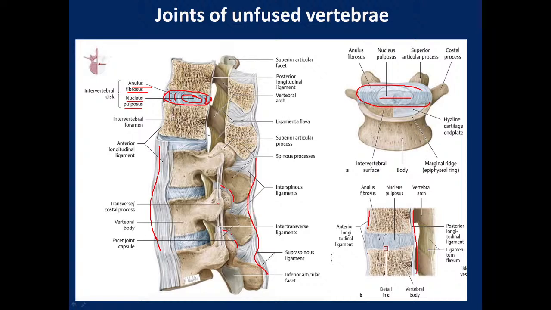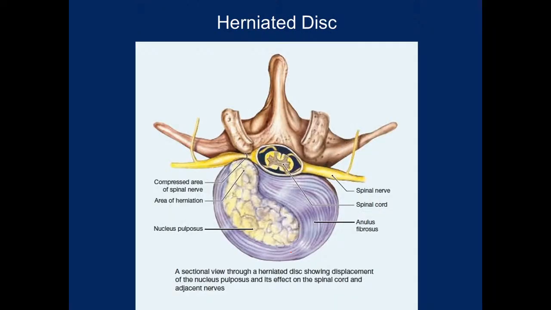Epiphyseal means in Latin between the processes on the arcus of the vertebra. Some problem is caused when the nucleus pulposus comes out and compresses the nerve here, and we call that herniated discs. That is a big problem because it is very painful for people.